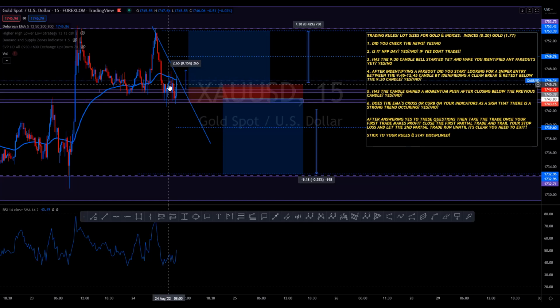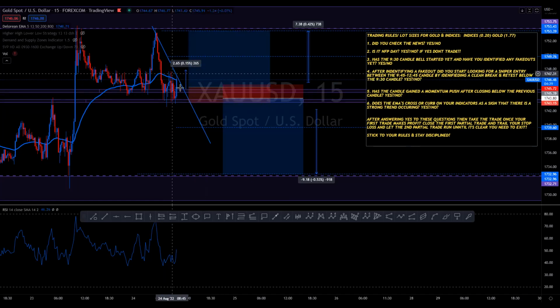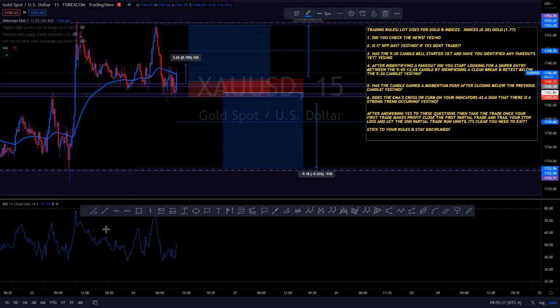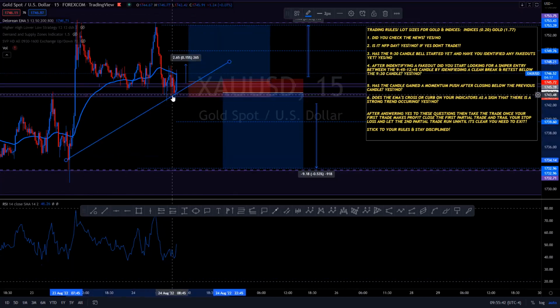So price ended up buying up. Now price could come back and retest this area and come down, or it could buy all the way up to here. But let me update this trend line. Price really rejected this area, kept on rejecting this demand zone. That's what made me figure that it was probably going to be a buy, because this demand zone held.